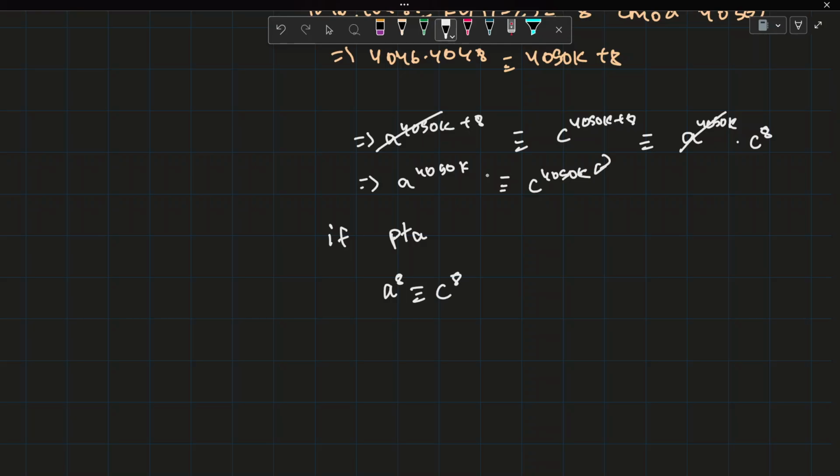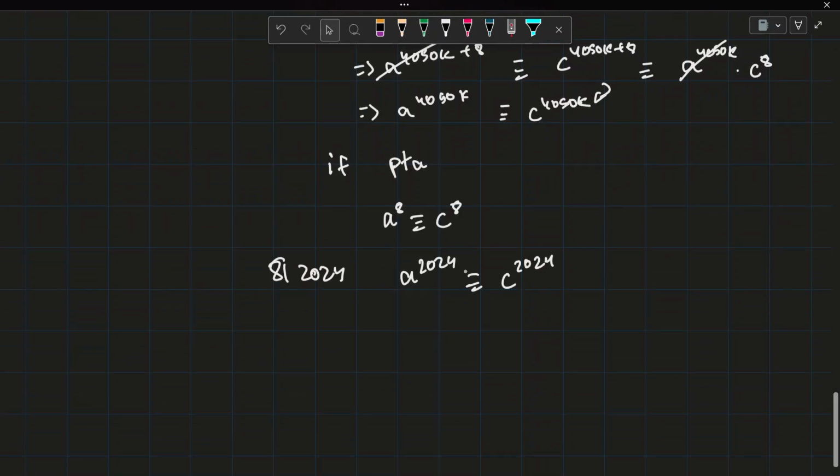Now the next thing we will do is notice that 8 divides 2024, and thus we can conclude that A to the power 2024 is congruent to C to the power 2024. We multiply A on both sides to get A to the power 2025 is congruent to A times C to the power 2024, and A to the power 2025 is congruent to minus C to the power 2025 by the problem condition.